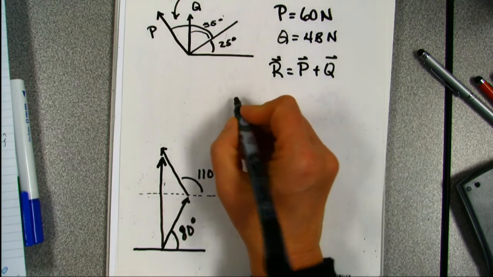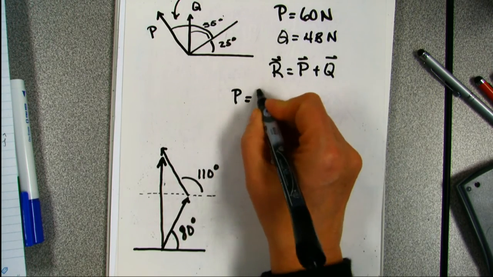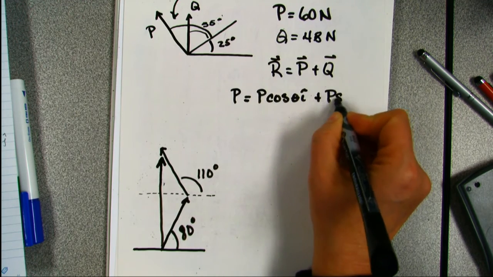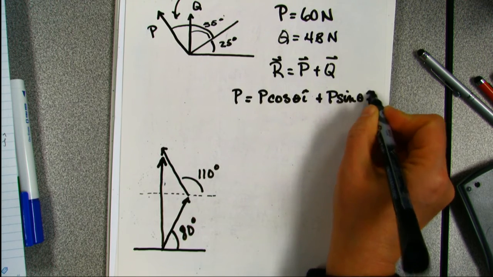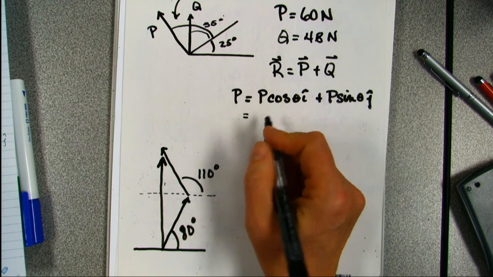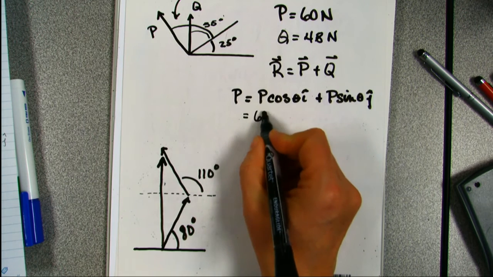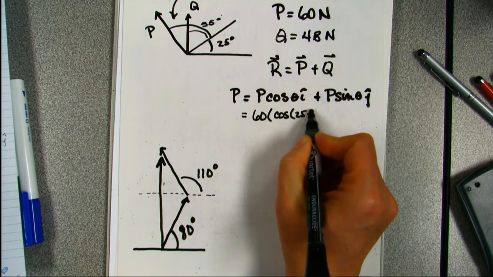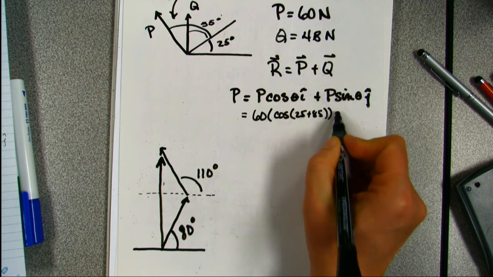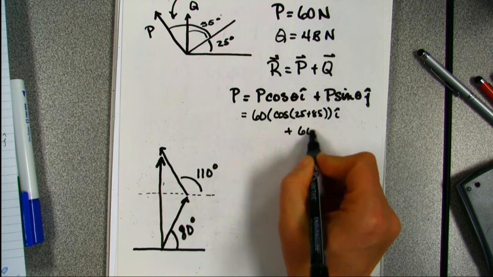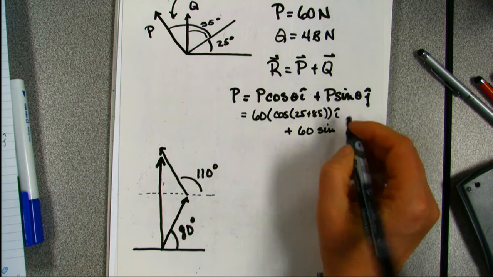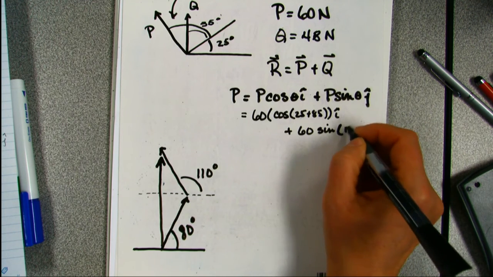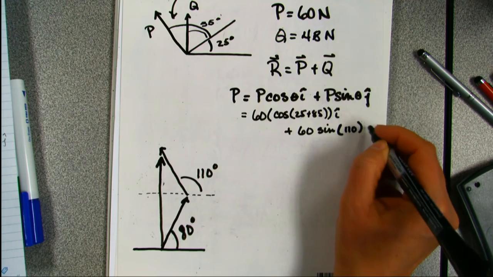But we can also do it the old-fashioned way, and we say that P is equal to P cosine of the angle I plus P sine of the angle J. That gives me 60 cosine of 25 plus 85 I plus 60 sine of my lovely 110, right? 25 plus 85 is 110.